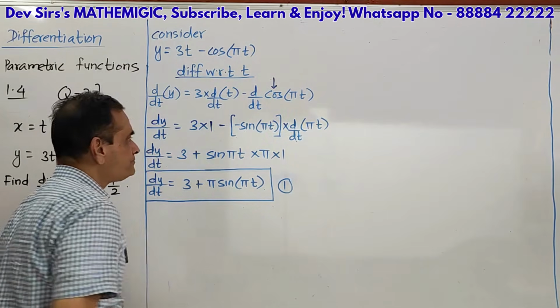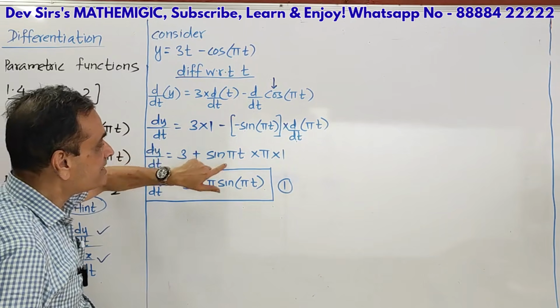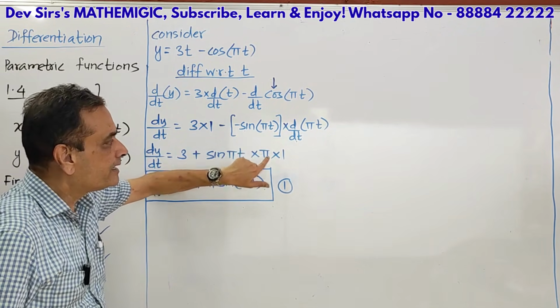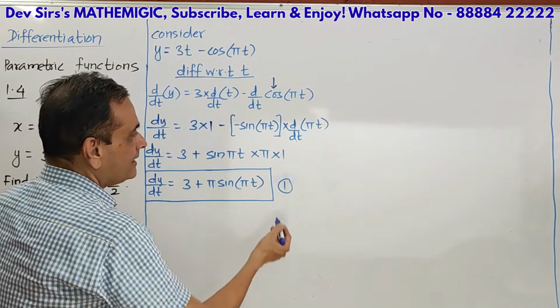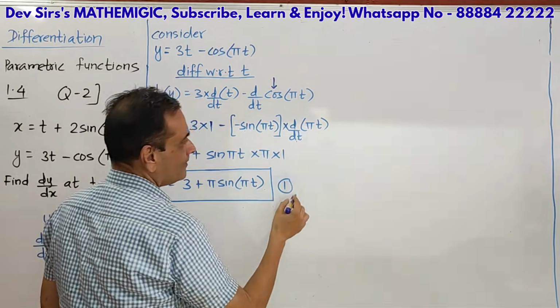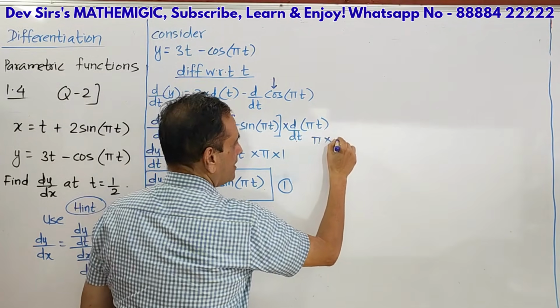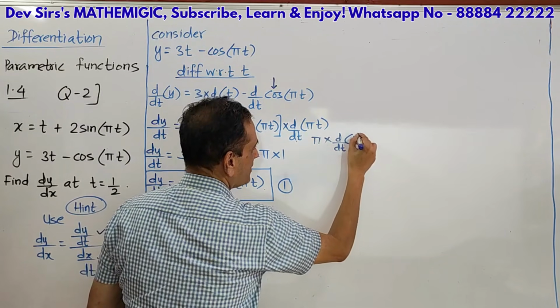So 3 into 1 is 3. Minus of minus is plus. Sin pi t. अभी दोस्तों, how will you find out derivative of pi t? Do it orally. Pi constant बाजू को रखो. d by dt of t, 11 standard stuff.